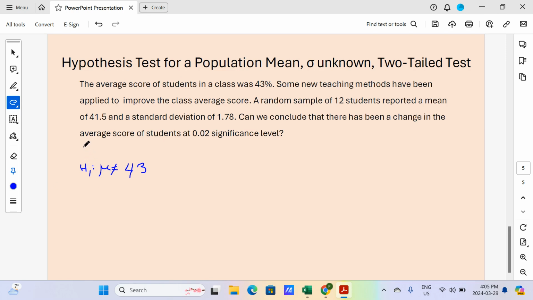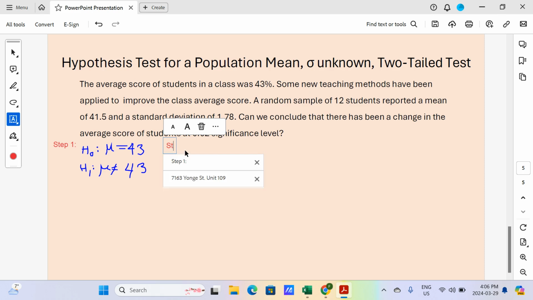As a result, the null hypothesis H0 would be mu equals 43. I have formulated the null and alternative hypotheses. That's step 1 in hypothesis testing.